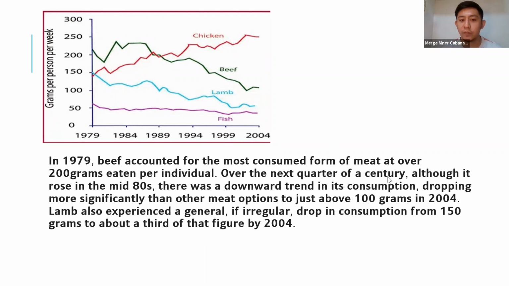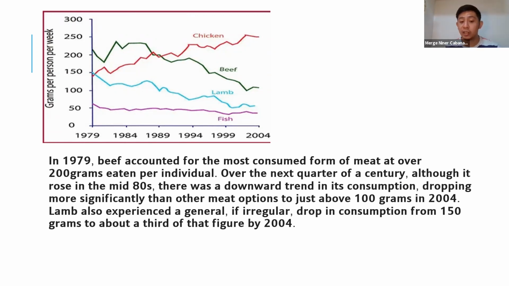Over the next quarter of a century, which is 25 years, obviously, although it rose in the mid-80s, there was a downward trend in its consumption, dropping more significantly than other meat options to just above 100 grams in 2004.